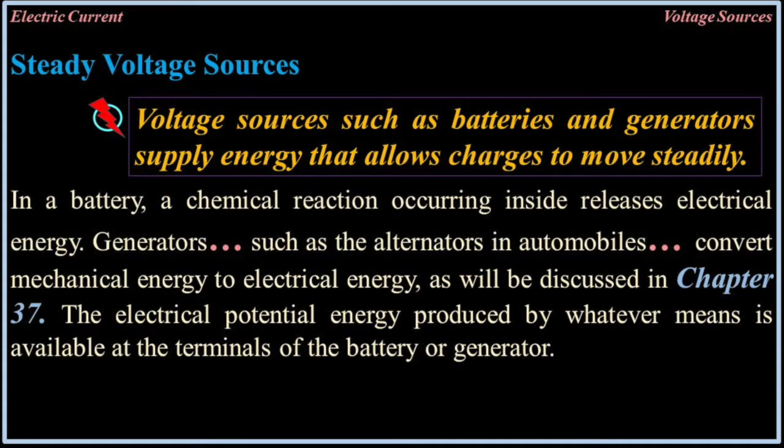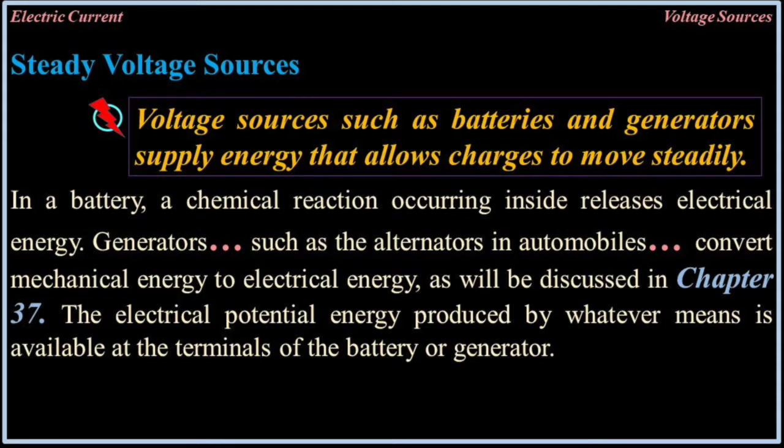Steady voltage sources. Voltage sources such as batteries and generators supply energy that allows charges to move steadily. In a battery, a chemical reaction occurring inside releases electrical energy. Generators, such as the alternators in automobiles, convert mechanical energy to electrical energy, as will be discussed in Chapter 37.